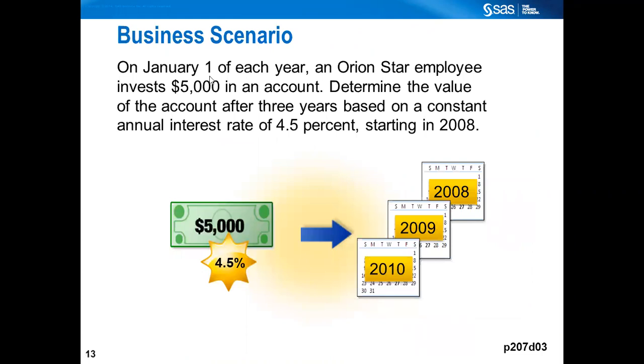The same example: they are telling that on January 1 of each year, an Orion Star employee invests $5,000 in an account. Determine the value of the account after 3 years based on a constant annual interest rate of 4.5%. The starting year they have given is 2008, so for the next 3 years, correct? So 2008, 2009, 2010, with the same deposited amount and interest rate, what will be the value for 2010?